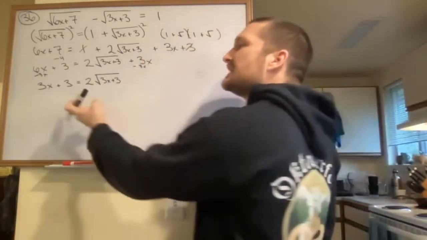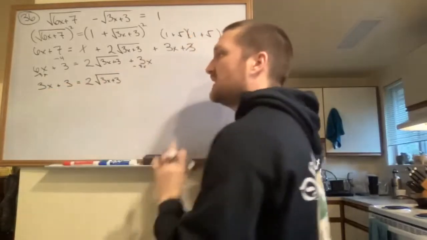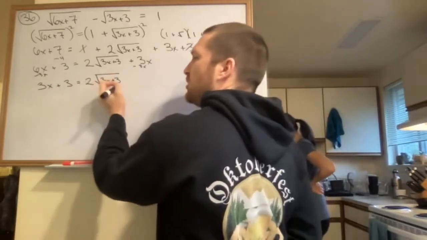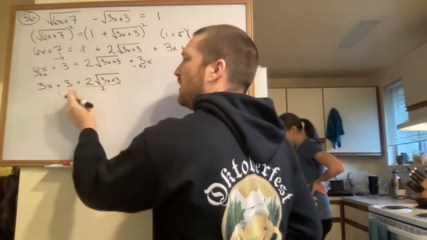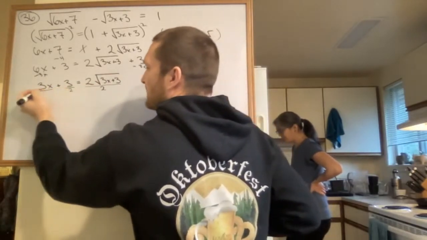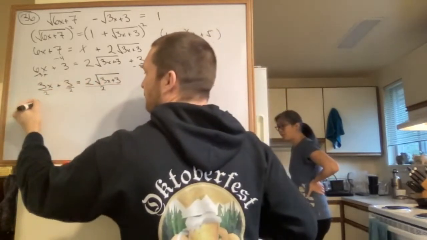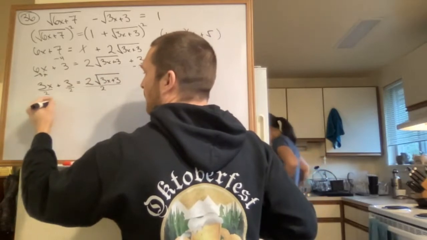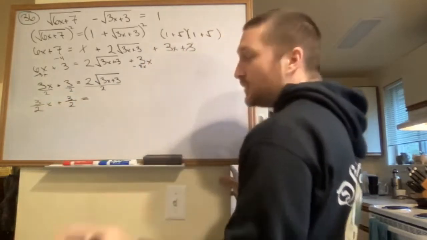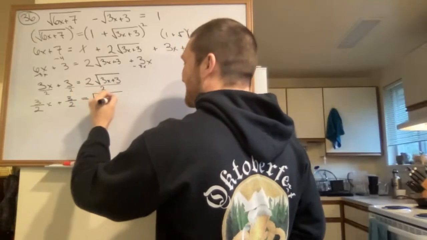If this happened to be, say, 6x plus 6 equals this, that would be a great way to go about it. We'd say, well, let's get rid of that 2 by dividing by the 2. Oh no, this is going to look really ugly. I could leave it, put that all under 2. But this is how I would just naively go about doing it, in which case, like I said, this is going to get so ugly.